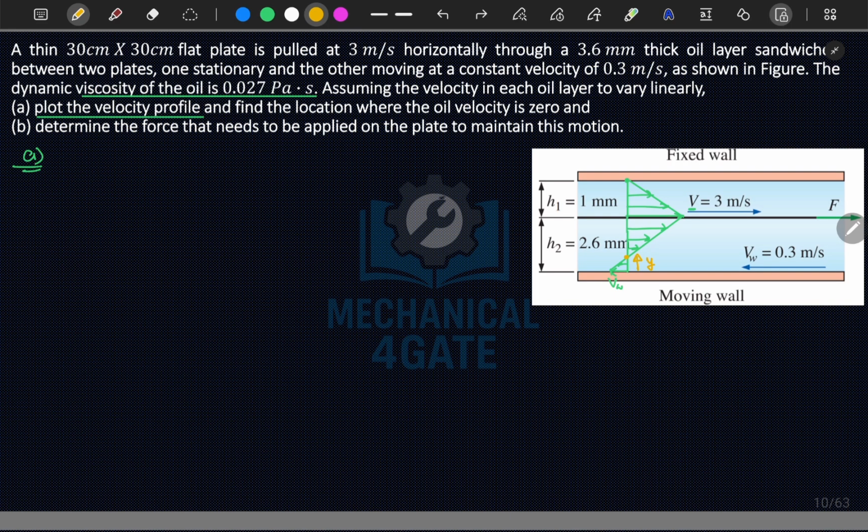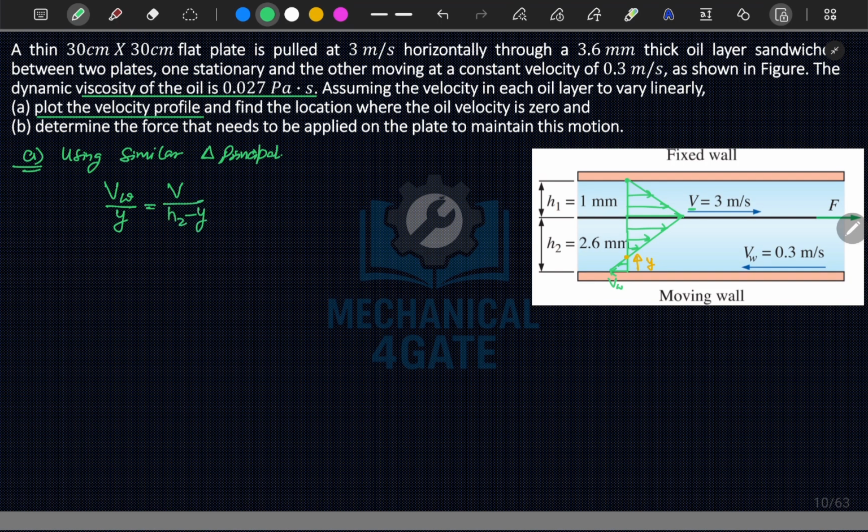So what can we write? Using the similar triangle principle, we can write VW by y is equal to this velocity V divided by h2 minus y.